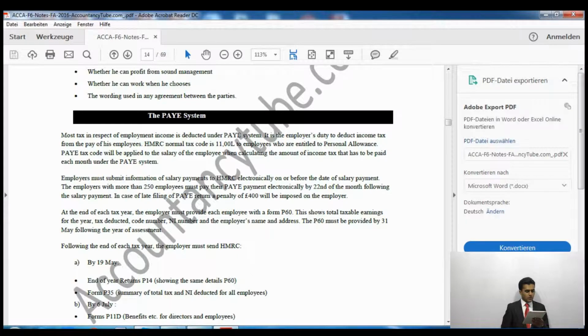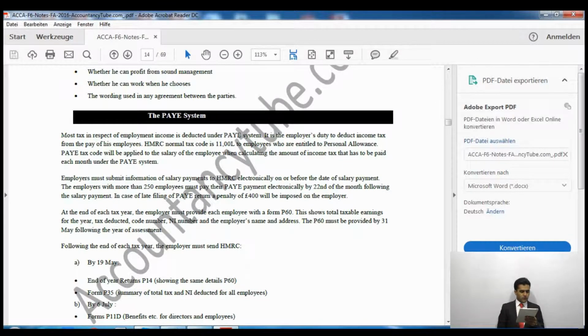Whether he can work when he chooses, so it is also an indication of self-employment. So if it is up to you to work whenever you want, then you are self-employed. So say for example, if it's up to me to record these lectures whenever I want, say for example in June 2017, then I will be self-employed, and if I have a deadline to abide by, then I am employed.